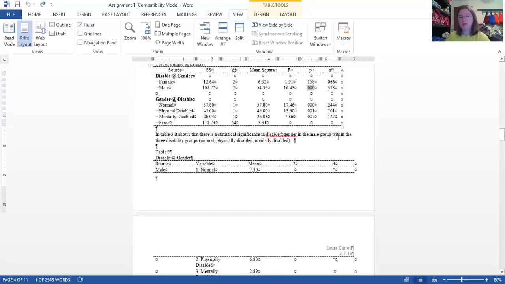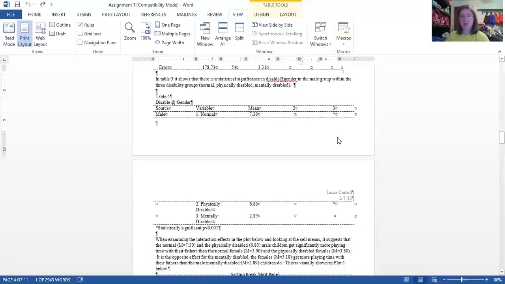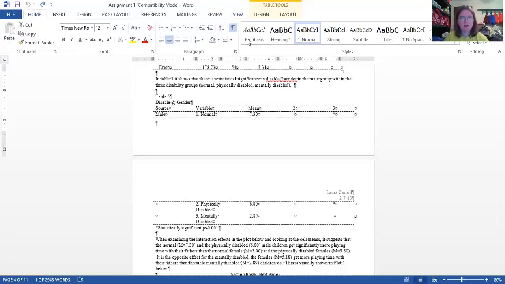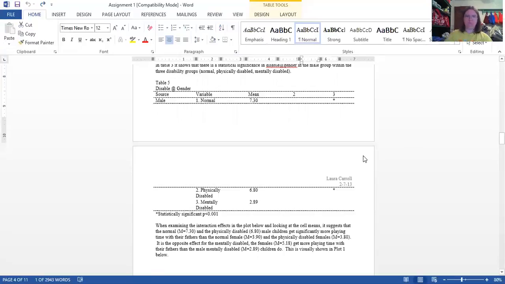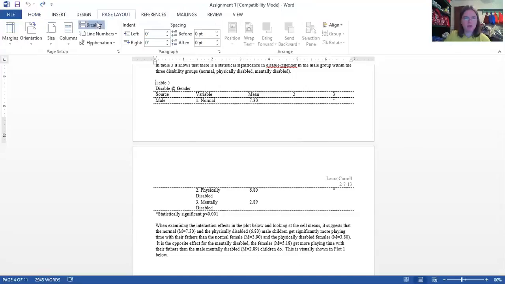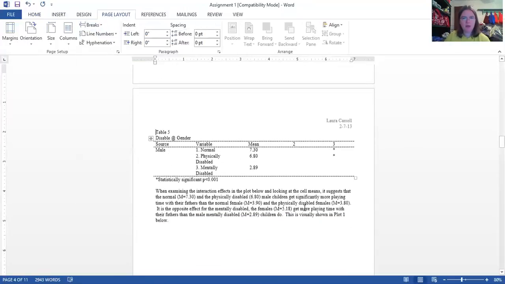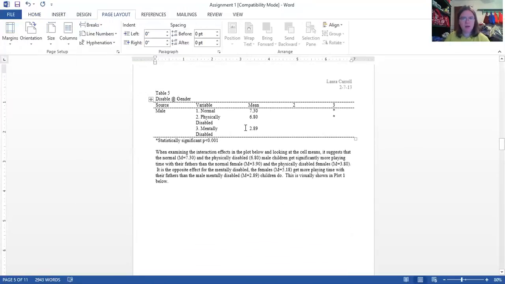What we do is a pairwise comparison, and if I take off my little paragraph signs, you'll see that the male group here, that the normal is significantly different than both the physically disabled and the mentally disabled. Actually, sorry.